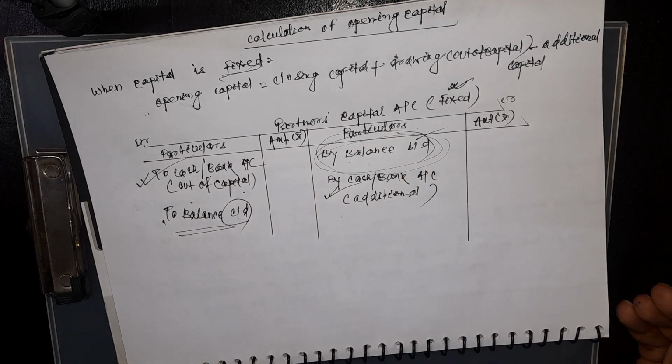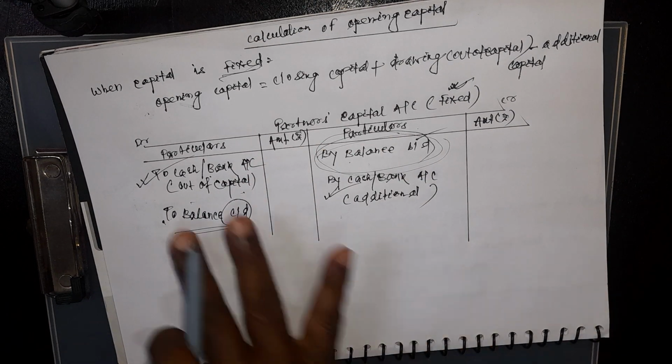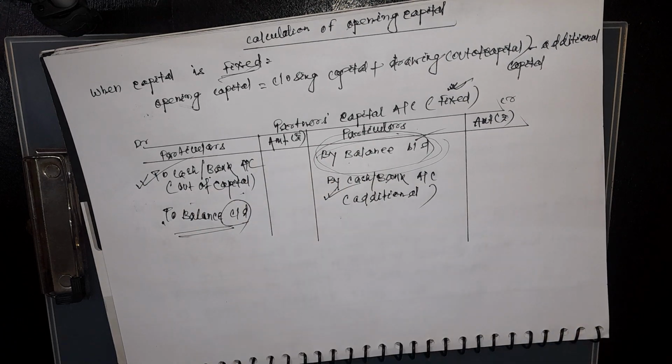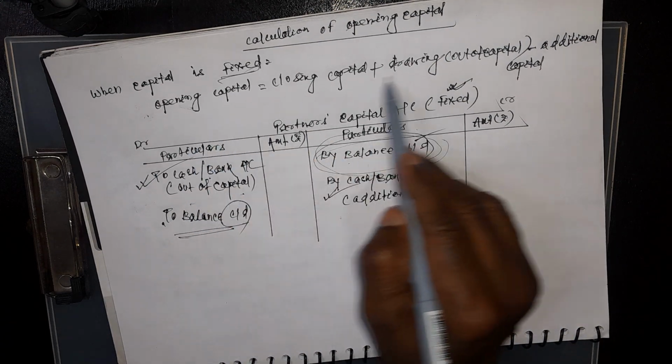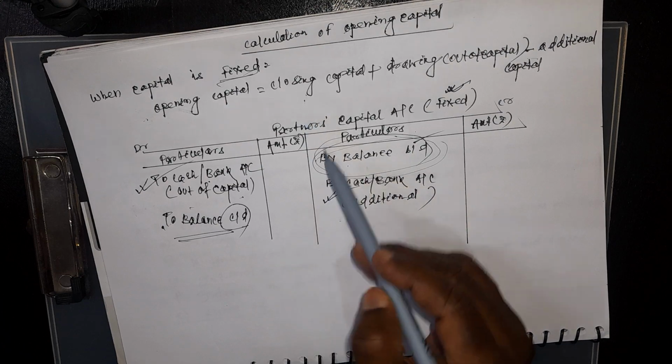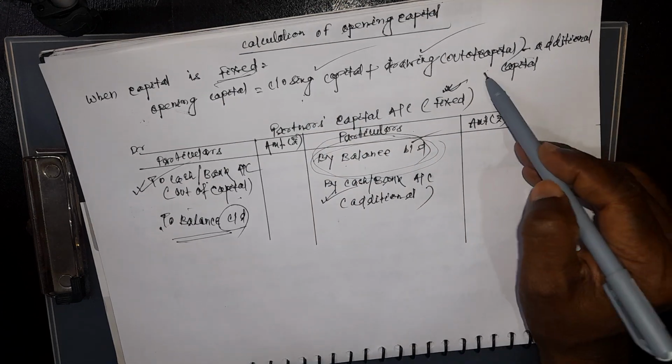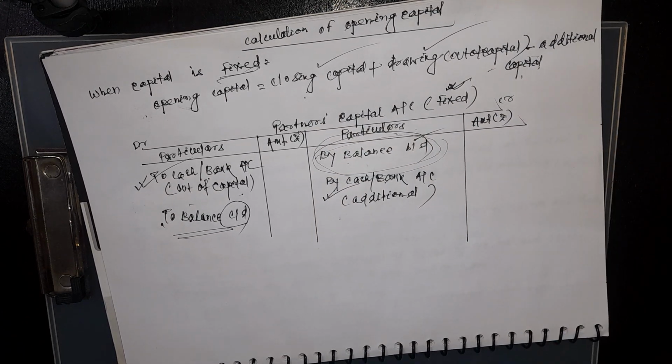This is the balancing figure. So in this way you can calculate the opening capital, and this is the direct formula. You will remember it: closing capital plus drawing out of capital minus additional capital.